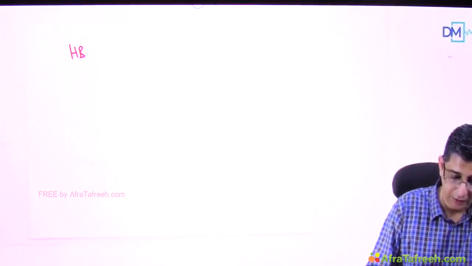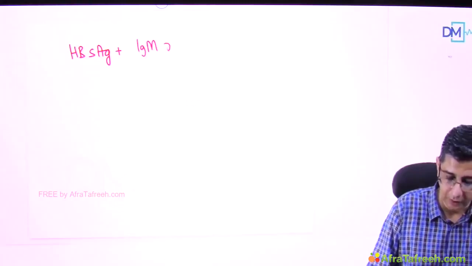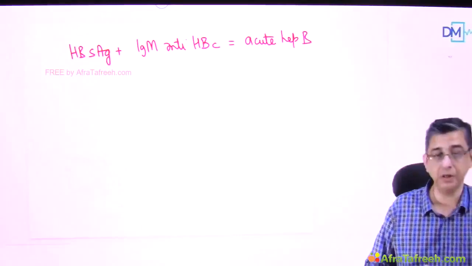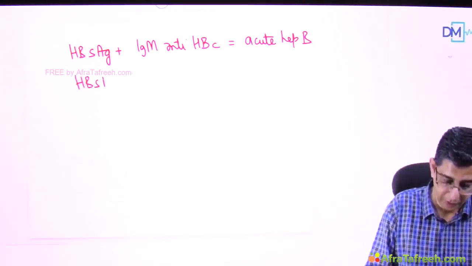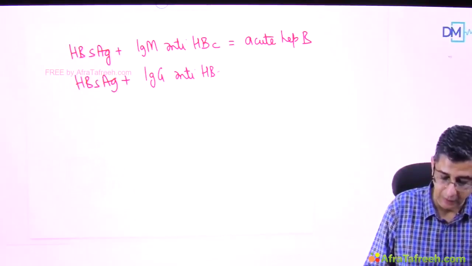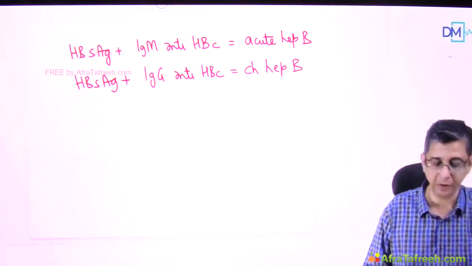If you read a question like this, hepatitis B surface antigen positivity with IgM class of antibody to the core antigen positive, it means that the patient is having acute Hep B. The replication part will be determined on the basis of E antigen. If the same report is written and the antibody is changed to IgG class of antibody to the core antigen, then it implies the patient is having chronic Hep B, and that is the patient who requires antiviral treatment.